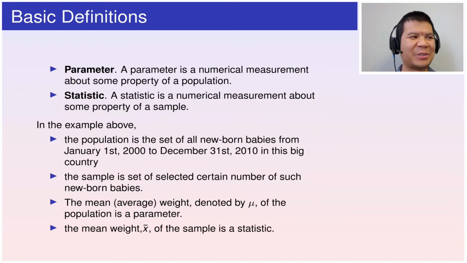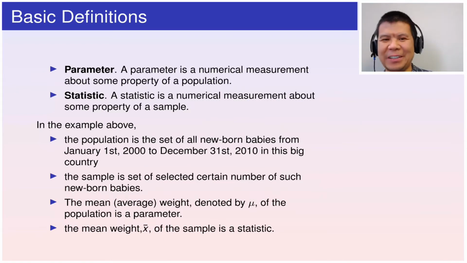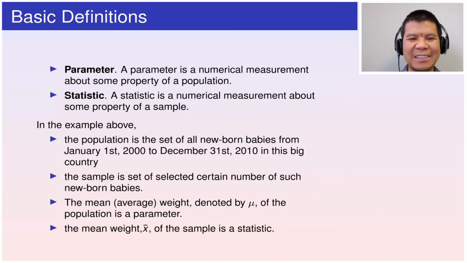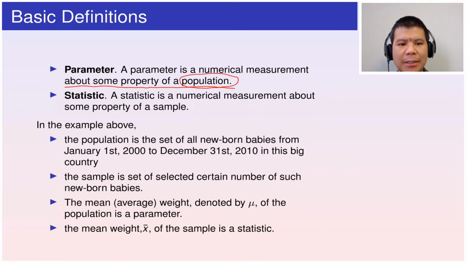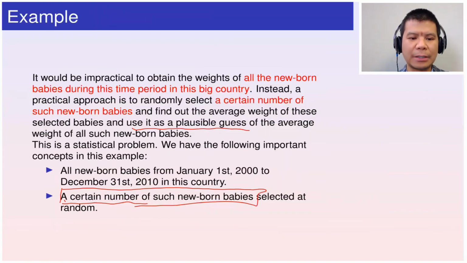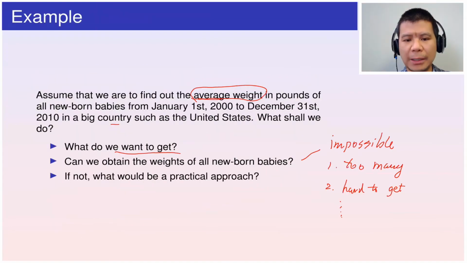This is also a very basic and important definition. So what is a parameter? A parameter is a numerical measurement about some property of a population. So be careful, this is about a population. A parameter is for a population. Like what we have here, we want to find the average weight of all the newborn babies.